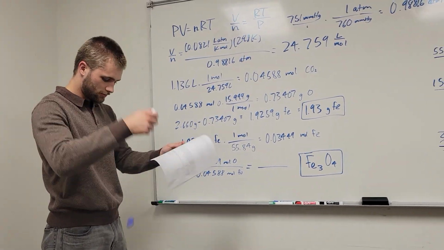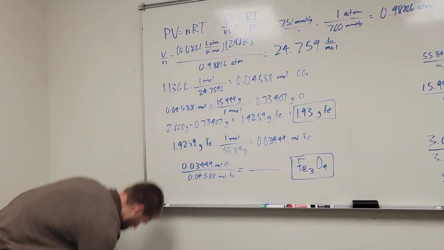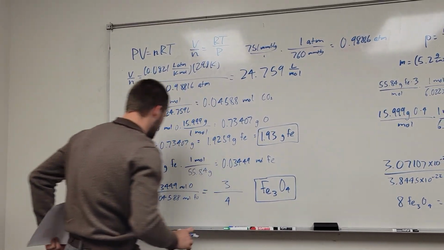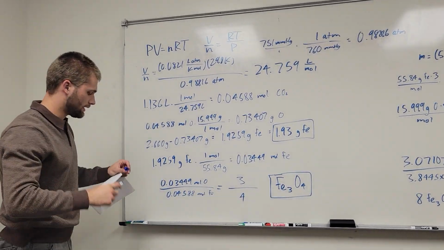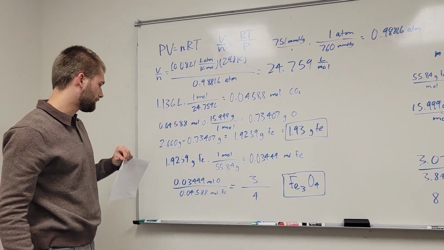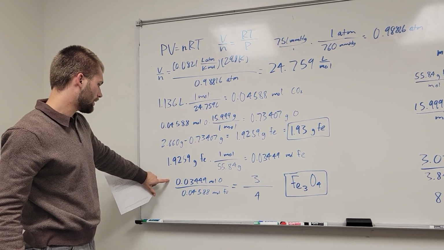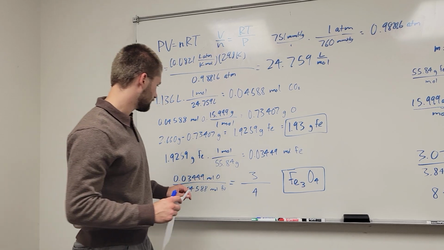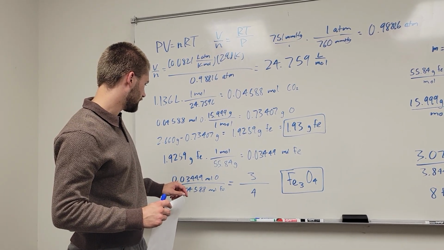Now, what else yields 0.75 through division? That would be 3 over 4. So there is 3 oxygen atoms for every 4, sorry. Wait, hold on.